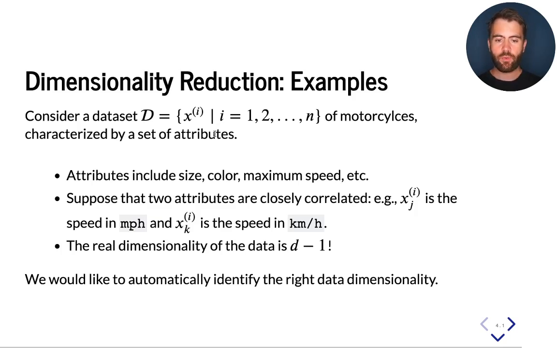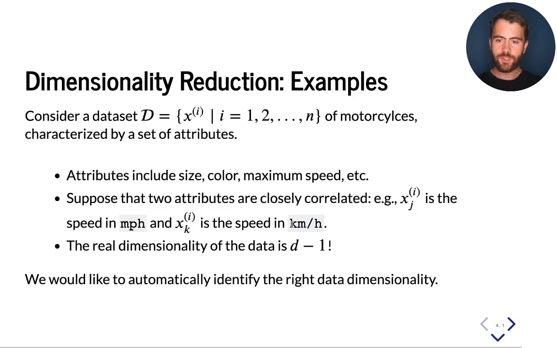And imagine now that within these attributes, we have two, which I'm going to denote by xj and xk, which represent its maximum speed. And one of them, xj, has the maximum speed in miles per hour here, and the other one has the maximum speed in kilometers per hour.